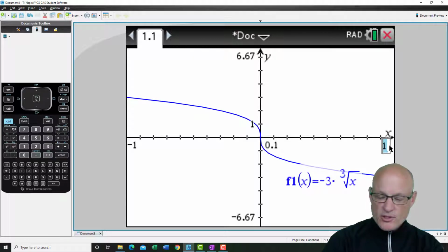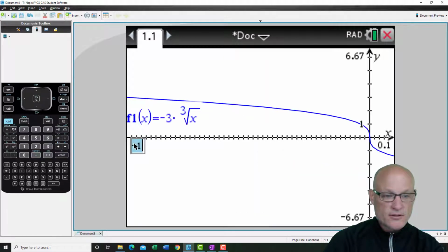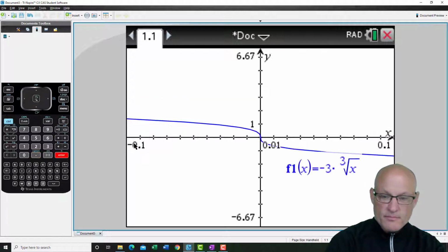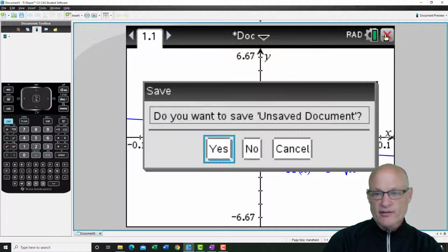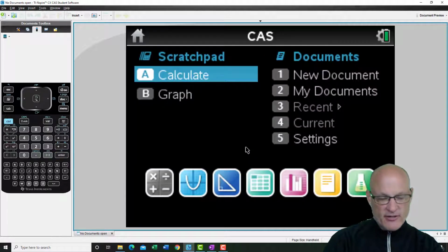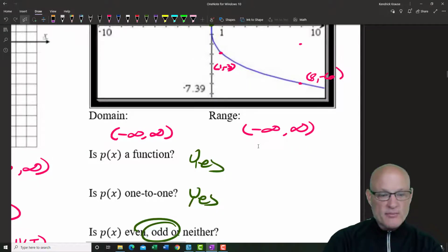Maybe I'll make this 0.1 and this -0.1. It's still hard to see, but you'll notice it just keeps getting closer and closer. Trust me when I tell you it passes the vertical line test. So for every x, we've got one y.